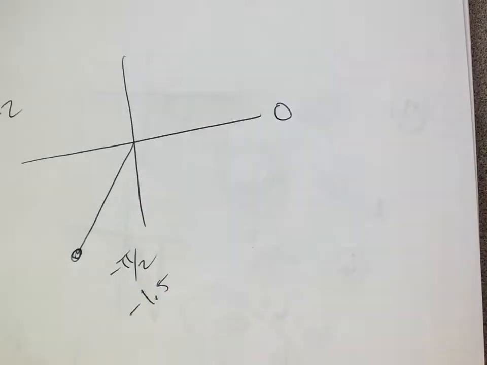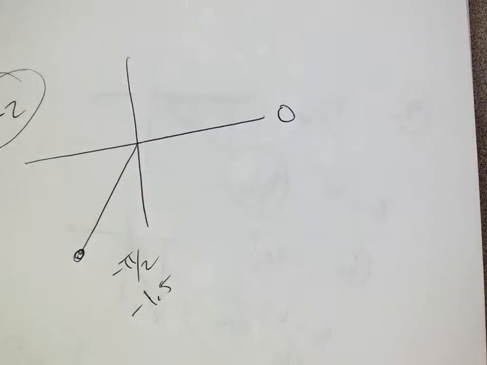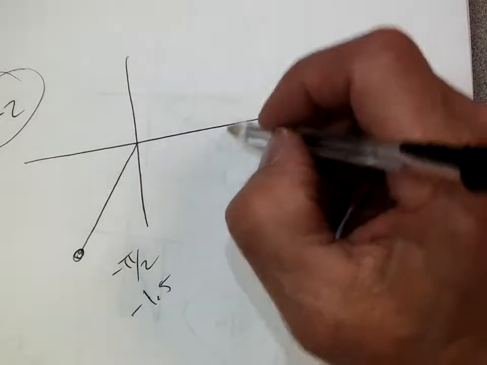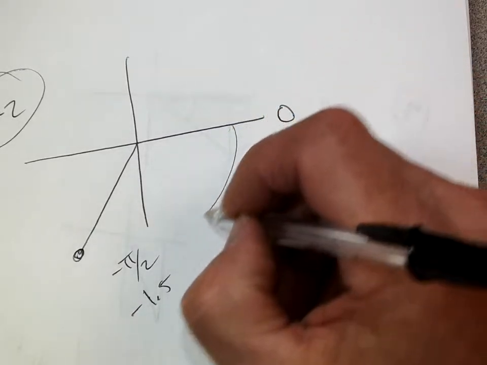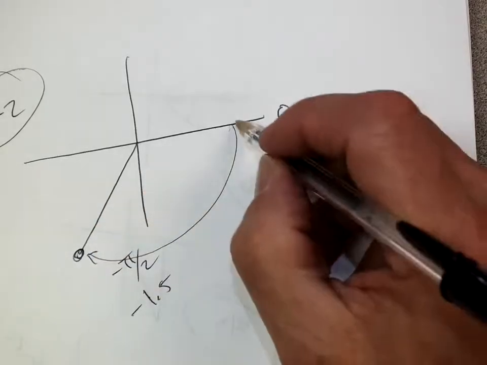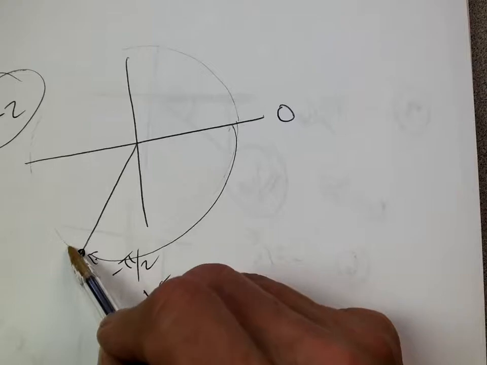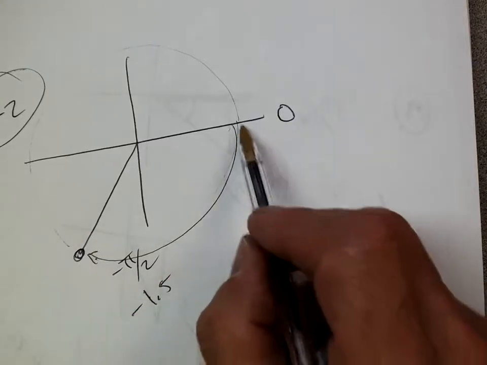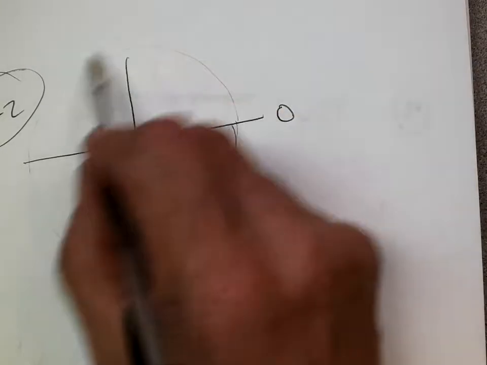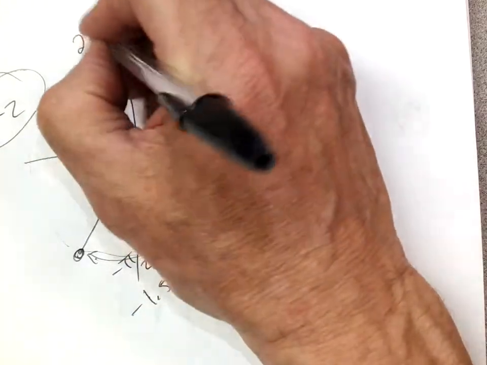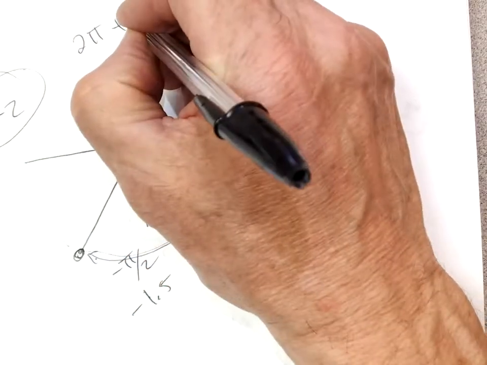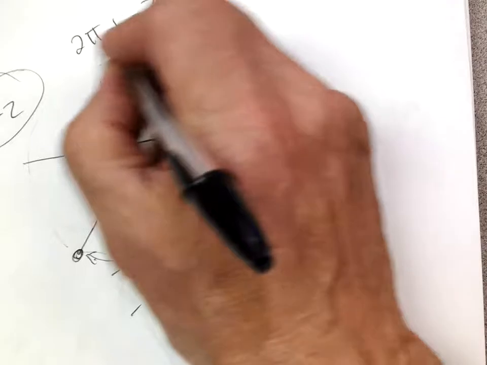Now, what I'd like to do is change this to a positive value. Because if I go negative 2 this way, and I'll go slowly, if I went this direction, it's the same spot, right? So if I take 2 pi and add it to my negative 2, I'll get this angle.